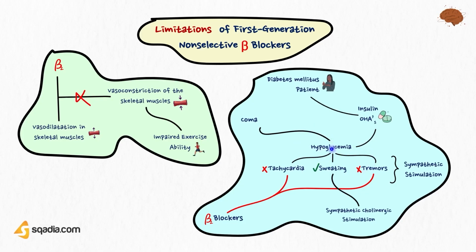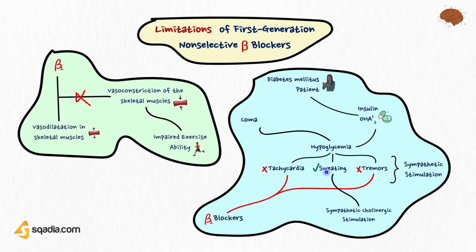But here is the catch. If a diabetes mellitus patient is taking non-selective beta blockers, which act on beta 2, what they do is decrease or inhibit the sympathetic stimulation. When they inhibit the sympathetic stimulation, they are basically masking the effects of hypoglycemia. There is no tachycardia, no tremor, but only the sweating is happening.